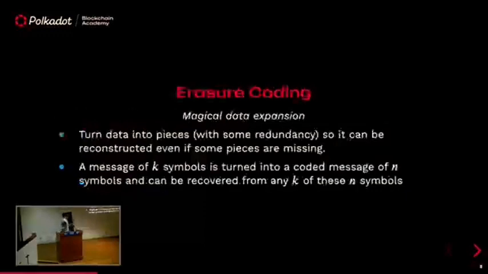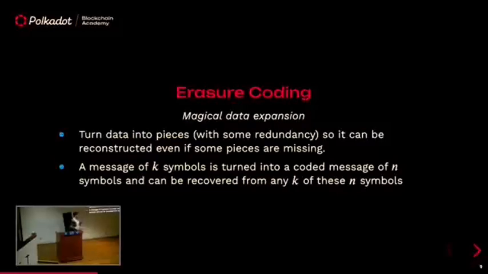So now we'll go into erasure encoding, or erasure coding, also called error correcting codes. This is basically magical data expansion. We turn data into pieces with some redundancy so it can be reconstructed even if some parts of it are missing.